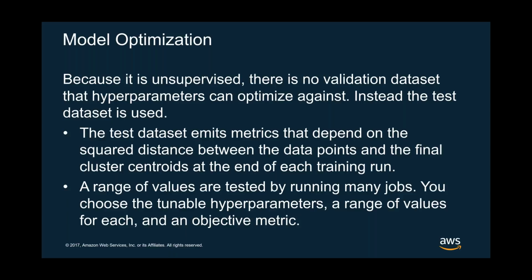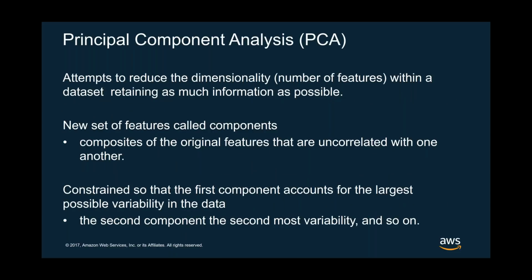So this can be used to test and create some optimizations around our final centroid values. A range of values are tested by running many jobs. So you can choose tunable hyperparameters, and you would set an objective metric for each of those. I'm going to demonstrate this when we get to our actual hands-on demo here.